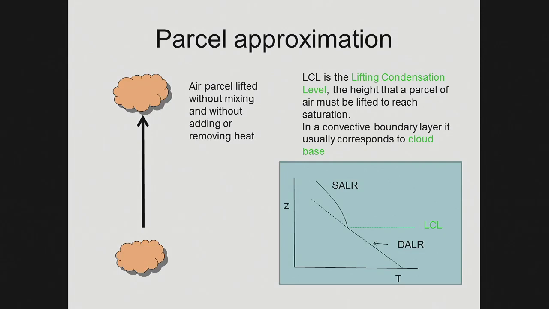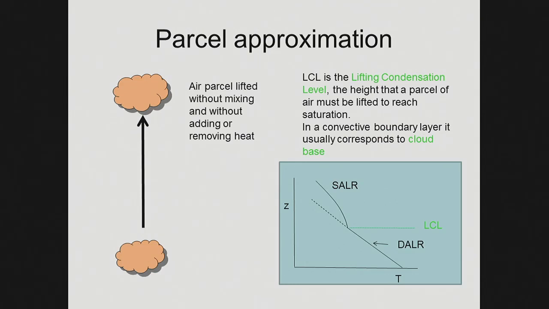Not adding or removing heat is a pretty good approximation. The not mixing isn't a good approximation, right? The real convection in the atmosphere is a turbulent process and necessarily involves mixing. So this is a bit of an idealization. However, it allows us to make some progress with this problem, which otherwise is intractable. Turbulence is not an easy problem to take on.